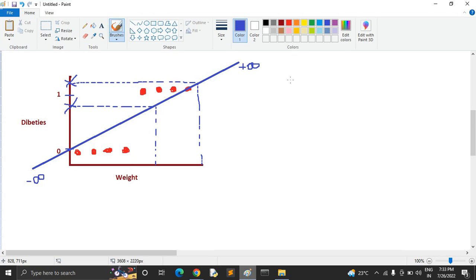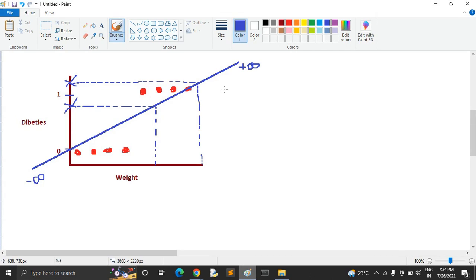Okay. So what we are going to do is we will be manipulating this line so that it can work as per our situation. We need to limit the range of the regression line between 0 and 1, so that it could give a value between the range of 0 and 1.